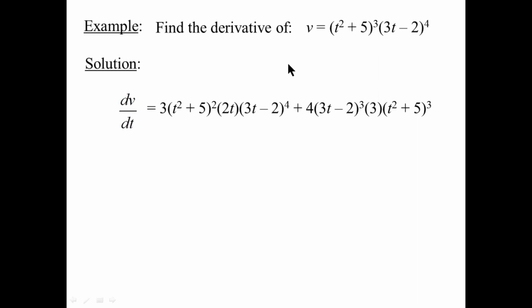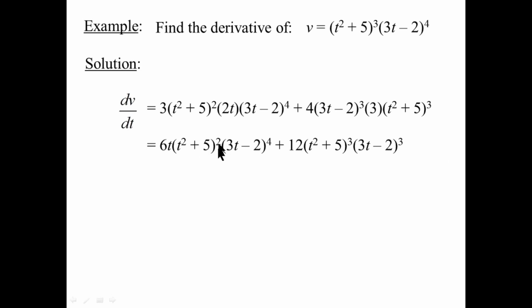And our theme is common factoring. Let's look at all of this. Well, let's first simplify it. 3 times 2t is 6t, and 4 times 3 is 12. And now looking at the factors, I see (t squared plus 5) squared. I see (t squared plus 5) cubed.